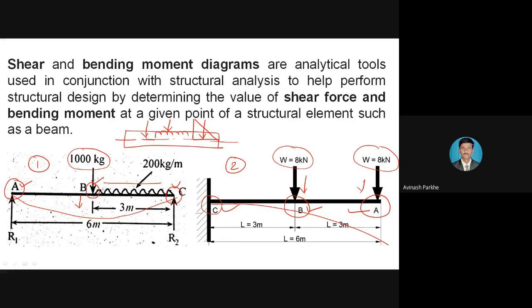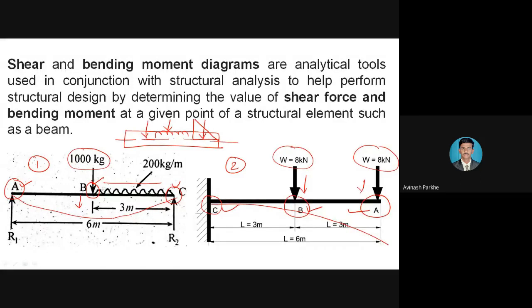Therefore, before starting the civil structure, it is compulsory to go for the shear force calculation and the bending moment calculation at each and every point of the beam. That means we are doing the theoretical calculation.